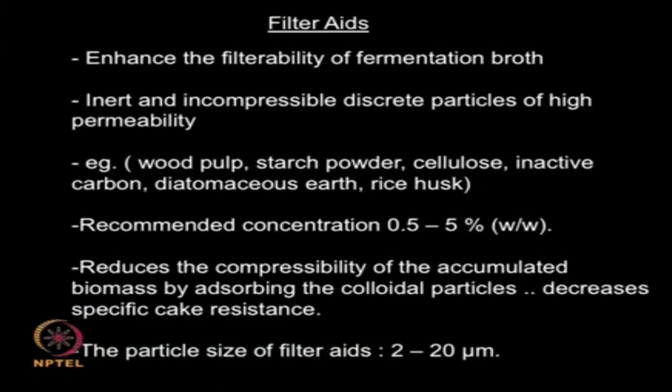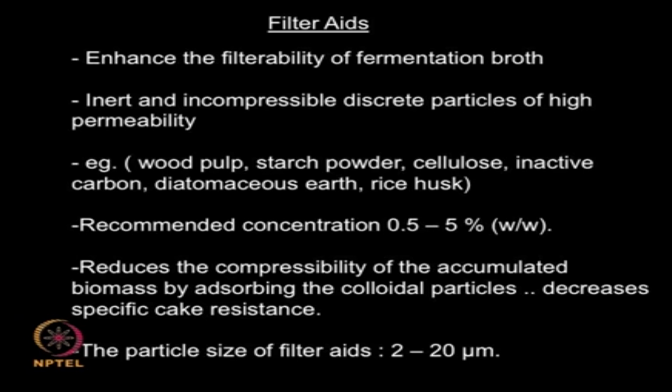Generally you add materials like starch powder, cellulose, inactive carbon, diatomaceous earth, rice husk, starch. These are materials which do not get compacted at pressure. Generally the concentration varies depending upon the type of solids you are trying to remove from your fermentation broth, and the quantity may change between 0.5 to 5% weight by weight.